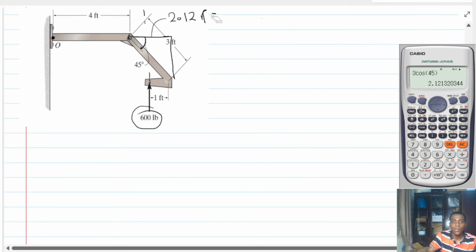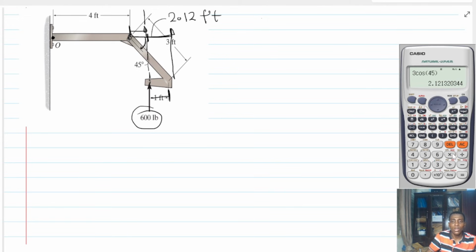feet. All right. But then you realize that if I trace the line of action here, don't forget that the whole of this distance here is 1 feet. Therefore, this will also be 1 feet. Therefore, the remaining portion here will be 2.12 minus 1 feet. And what is that?